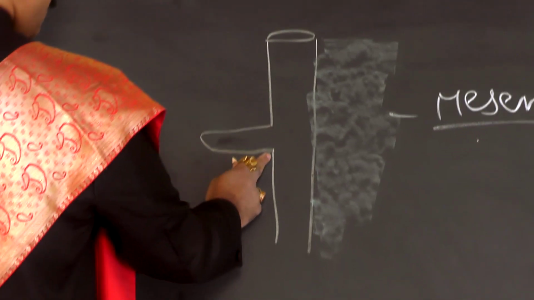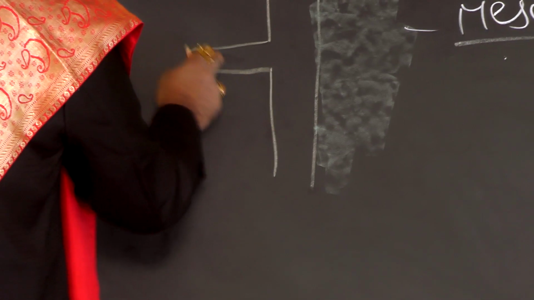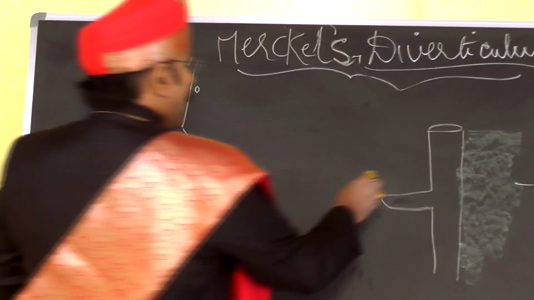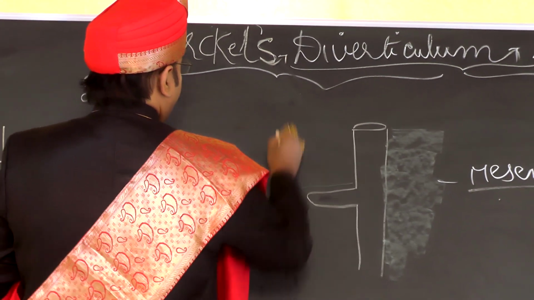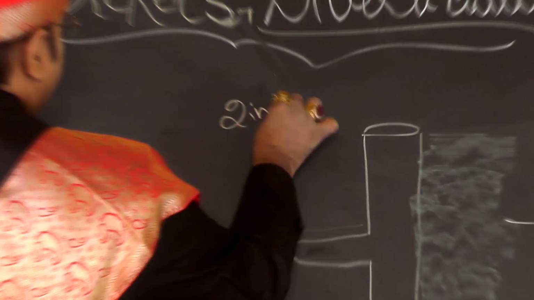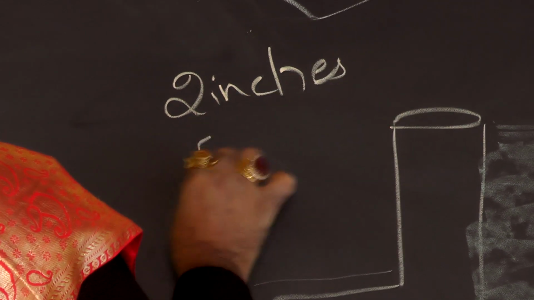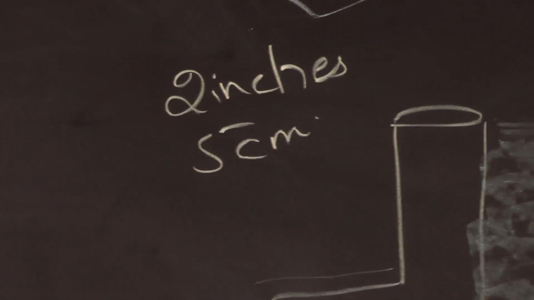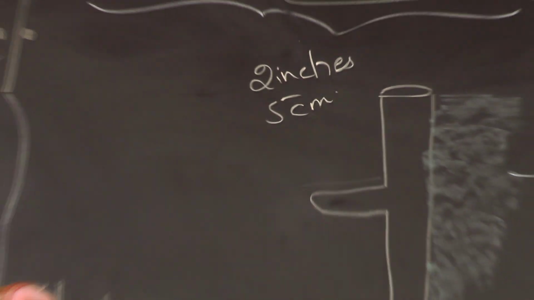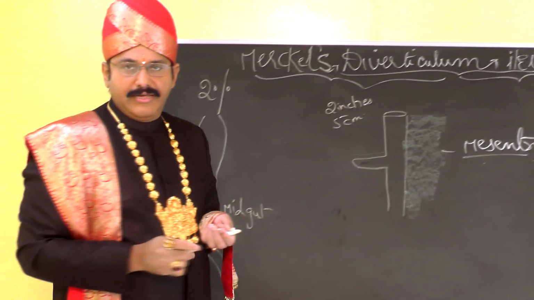So this border is called the anti-mesenteric border, and this is the Meckel's diverticulum or diverticulum ilii. If you see the length of this Meckel's diverticulum, it is about 2 inches, or you can even call it 5 centimeters. 2 inches long or 5 centimeters, seen in 2% of the individuals.